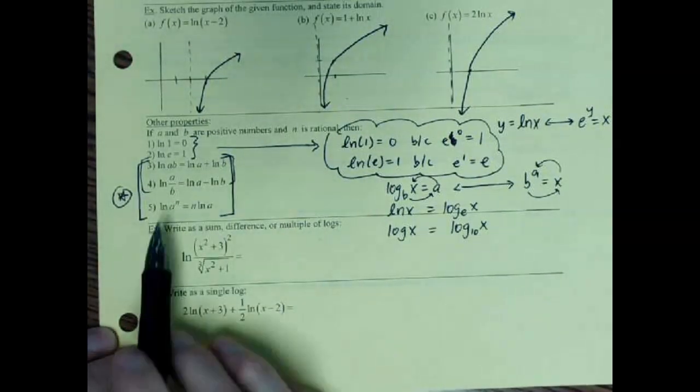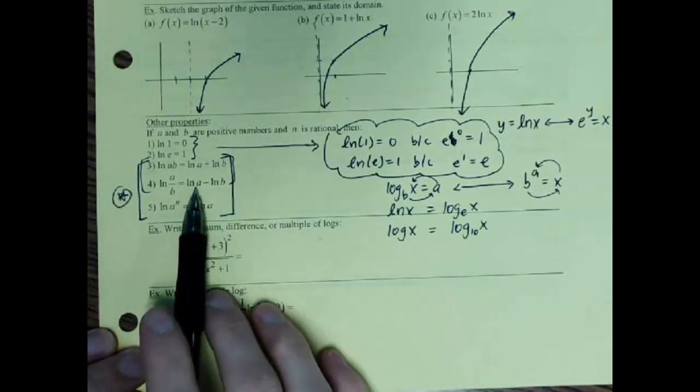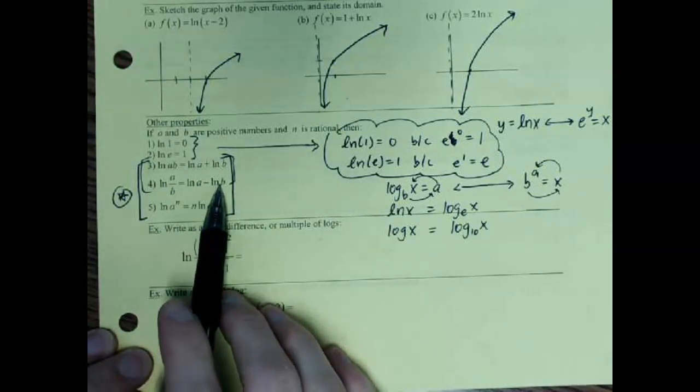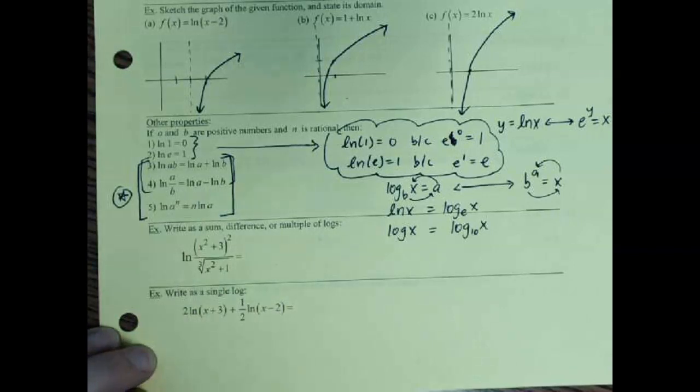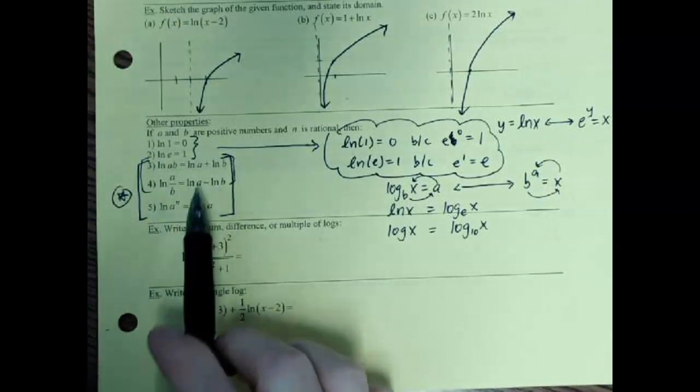Or if you have division inside of the log, you could split it up, and you would have the ln of a, because that was on the numerator, the positive exponent, and then minus ln of b. Since the b was in the denominator, it would have a negative exponent, and so everything that's in the bottom, the log of that chunk would need to be subtracted.